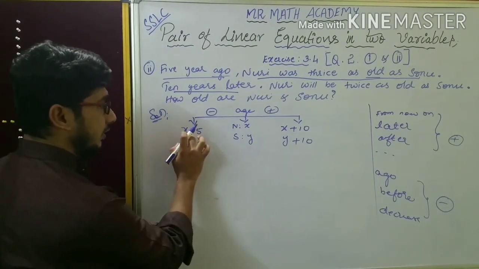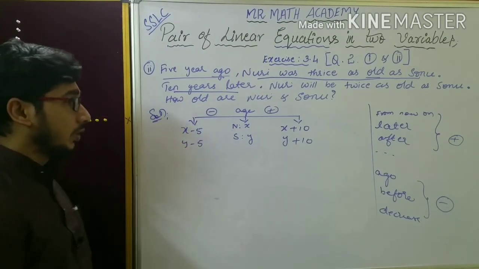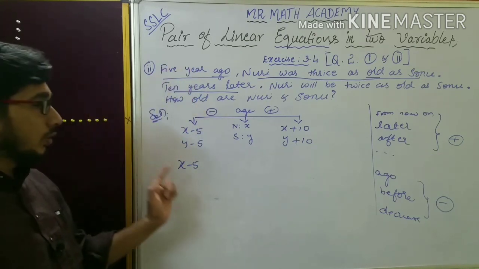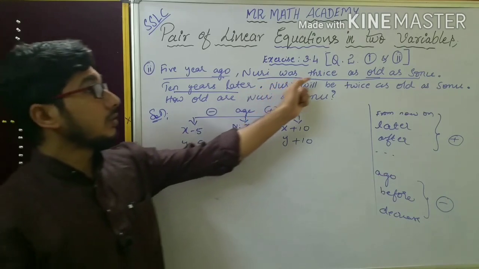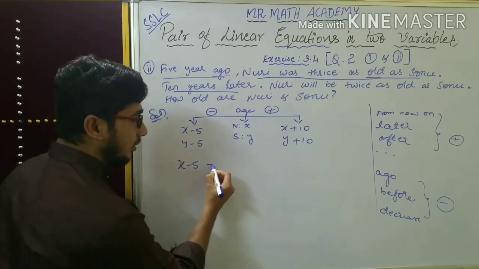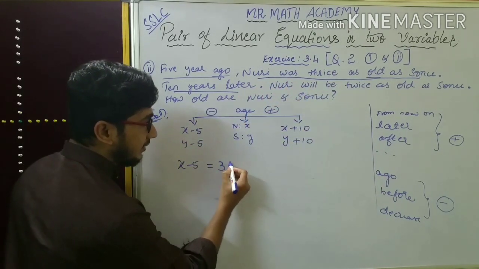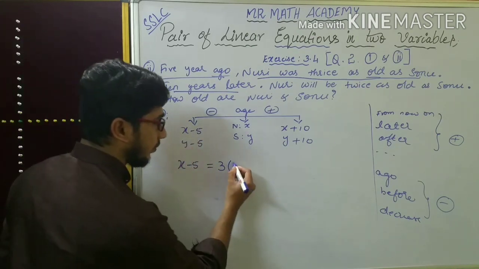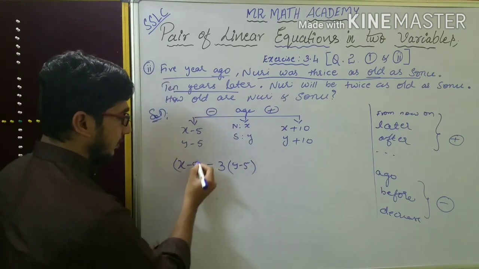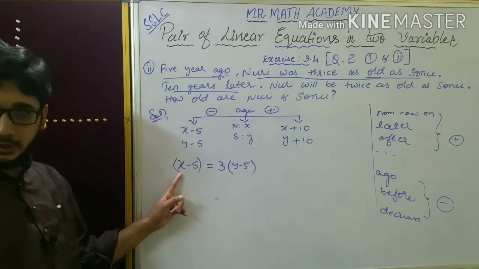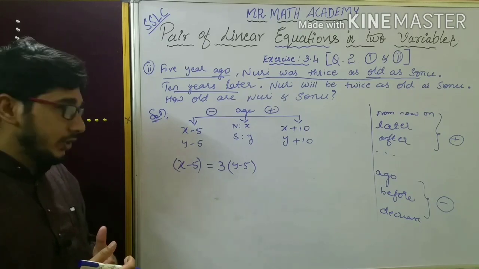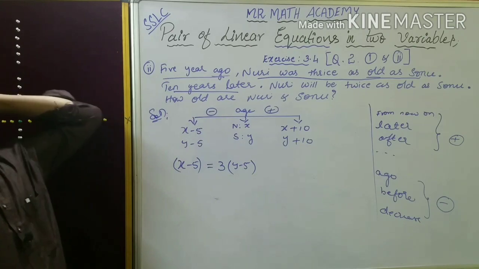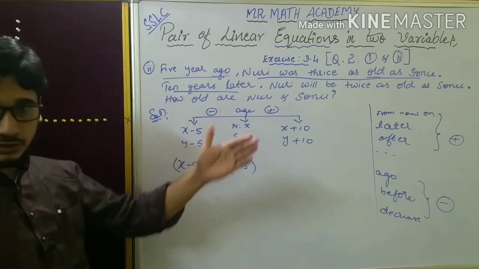Noori means X minus 5, because I am calculating 5 years ago. Noori was thrice, we have to multiply. Noori's age is equal to 3 times Sonu's age 5 years ago, Y minus 5. Okay, one step over. Next step.